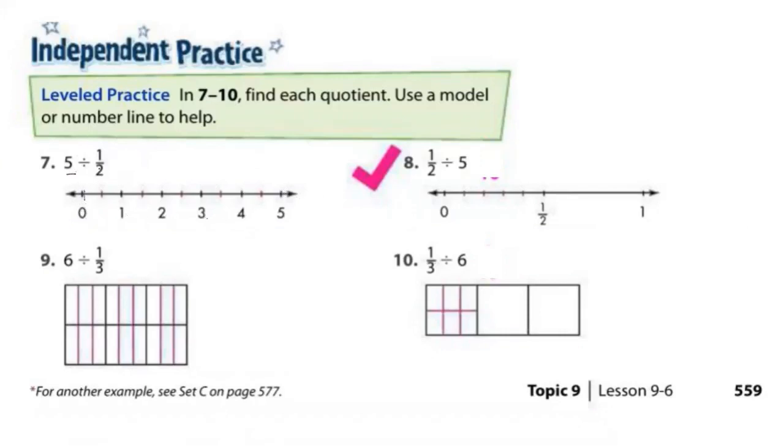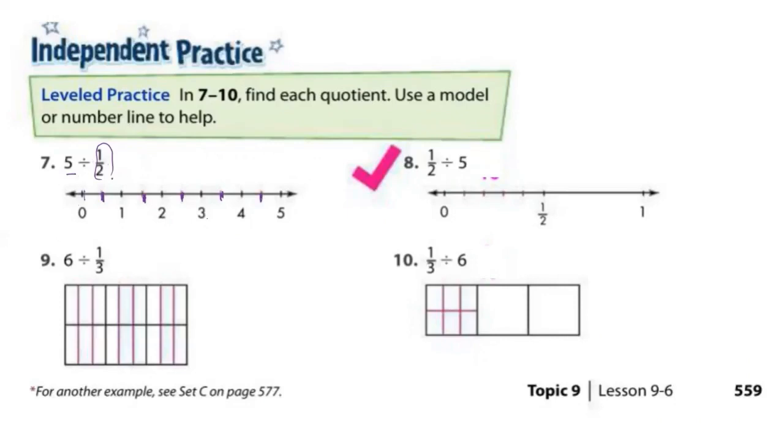With the black font, he represented the whole number first. After that, he divided the distance in each part into halves. So this red sign here cuts the distance between each two consecutive numbers, representing the fraction we are going to divide. It's like counting how many halves are there in 5.